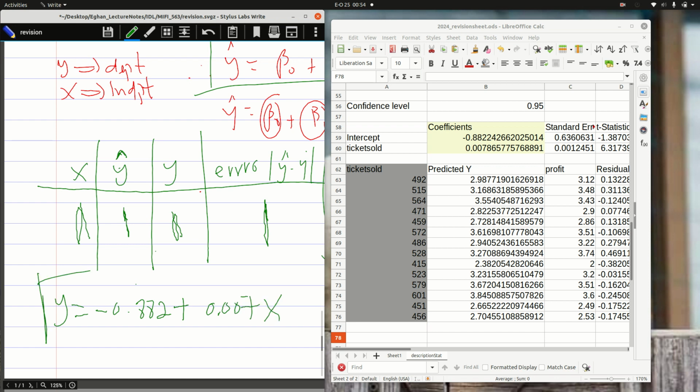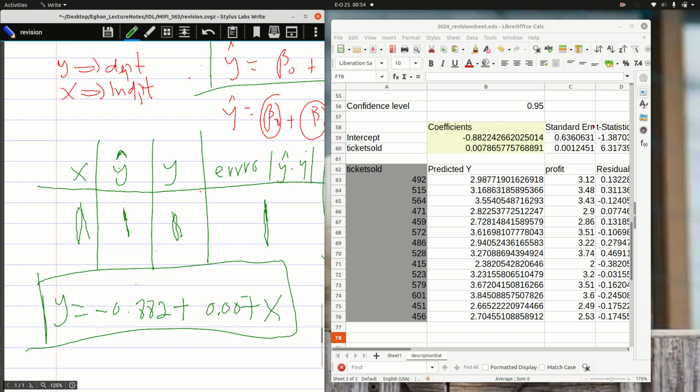If you don't use y and x, you can use the profit P is equal to negative 0.882 plus 0.007 times tickets sold T. So it used this model to give us a predicted y. That is what it did.